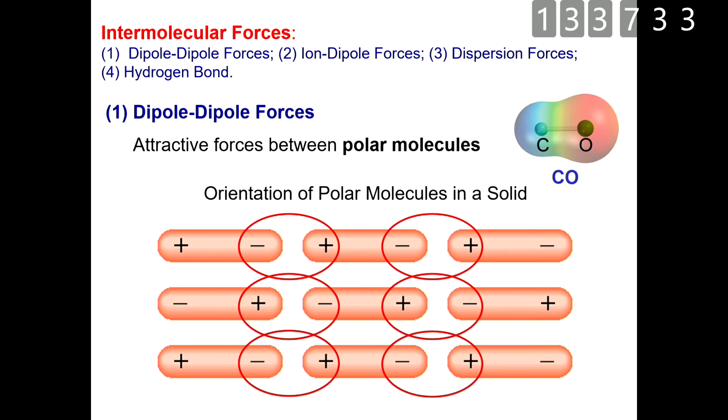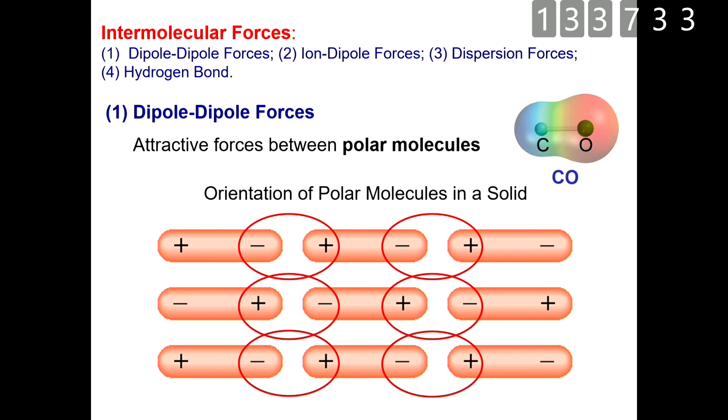So if the molecules are polar molecules, they will form the dipole-dipole forces. Dipole forces mean like this. We know for polar molecules, for example, carbon oxide, in this molecule the carbon has some positive charge, right? And oxygen has some negative charge.